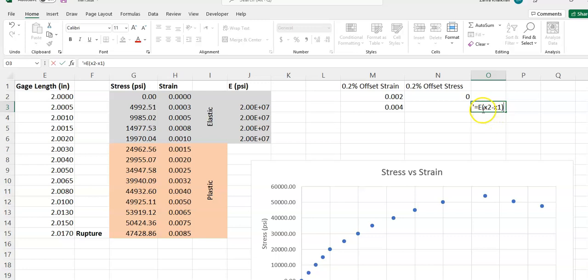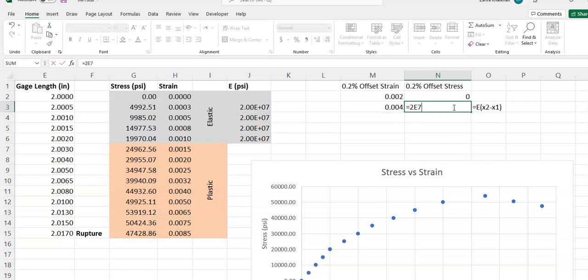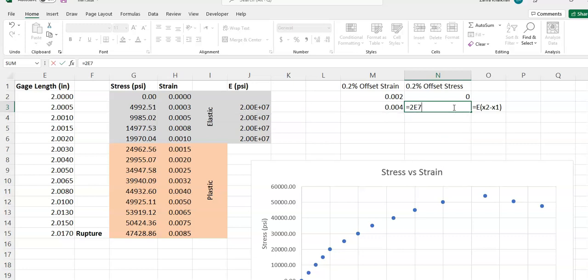That would give me the y coordinate at this point. Now I'm going to add the equation. Equal sign, 2 times 10 to the 7 times, open the parentheses, x2 minus x1, close the parentheses, enter. That would return 40,000.